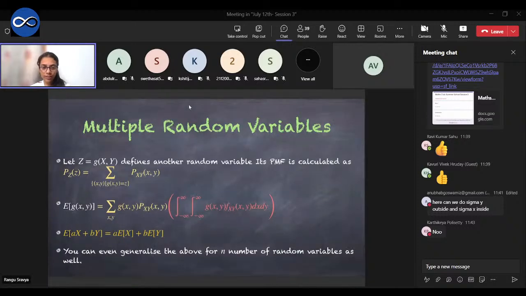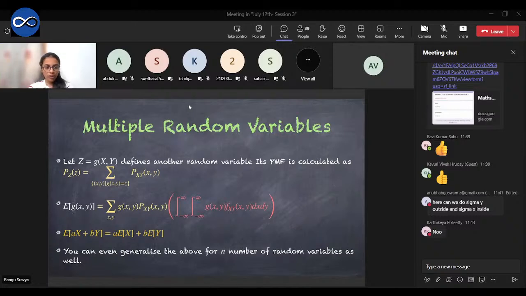For continuous, it's a similar thing: the double integral from minus infinity to infinity of g of x comma y, fxy of x comma y, dx dy. If you derive the formula for the discrete case, just replace summation by integration and the joint PMF by the joint PDF, with dx dy, and you will get the same. You can easily get the equations.